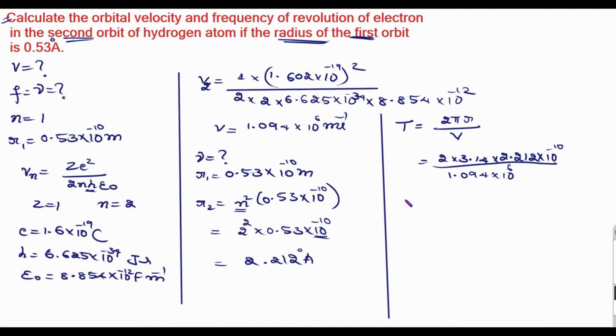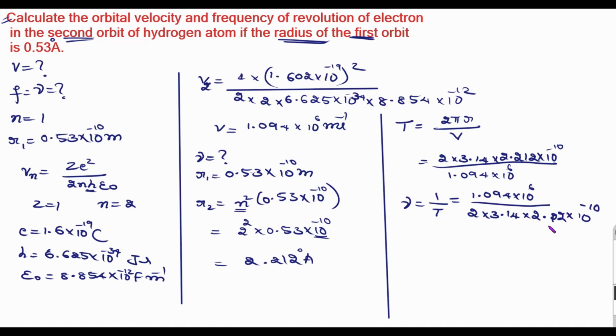Alright, as we know, frequency is the reciprocal of time period. So we have to invert this and write it as a reciprocal. So it will be 1.094 into 10 to the power of 6 divided by 2 into 3.14 into 2.12 into 10 to the power of minus 10.